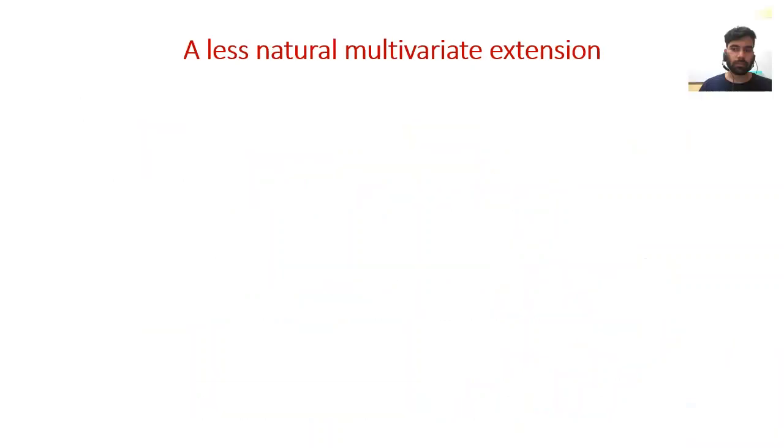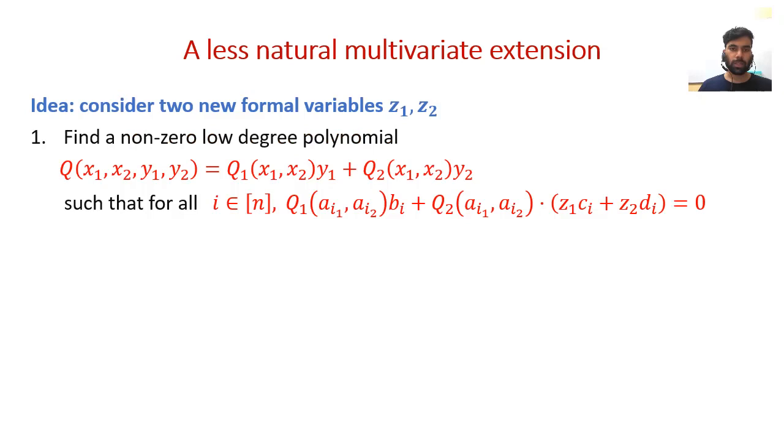So what we do is that we try a less natural way to extend Kuluswami-Wang. So the crux here is to consider Z1 and Z2, two new formal variables, which will help us tie the derivative data together. What do I mean by that? We will still look for a low degree polynomial which will explain the data. But as you can see, this polynomial has lost y3 which was there previously, and there is a reason for it.